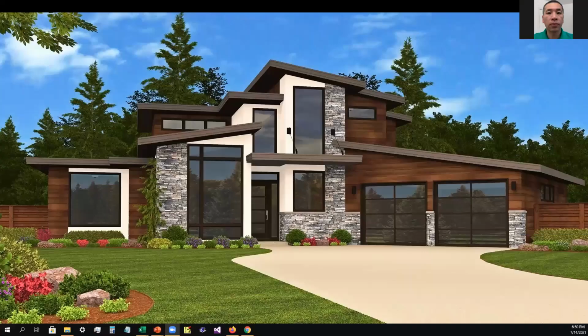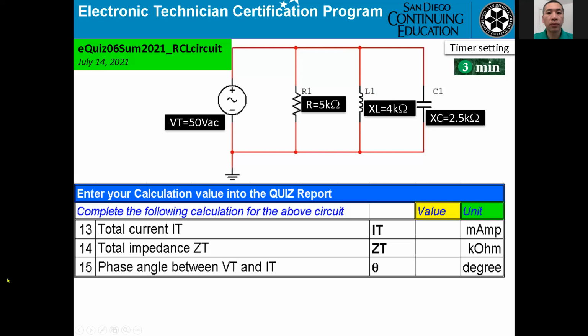Okay, let me share the screen. So number 15 is going to be here. So that's number 15. They want the phase angle.